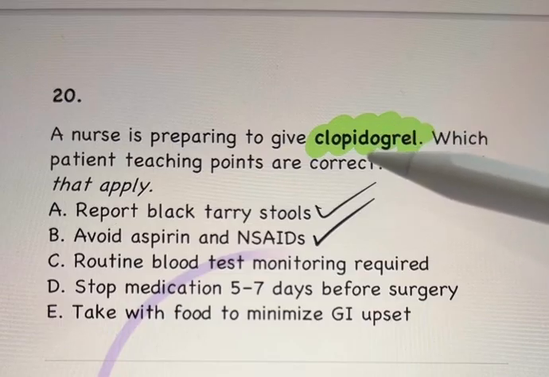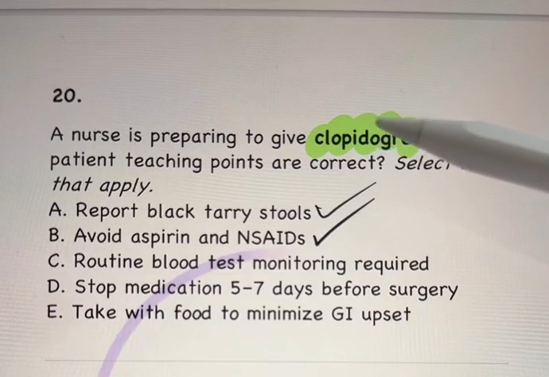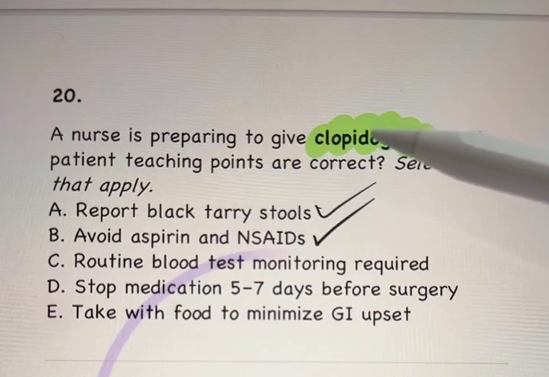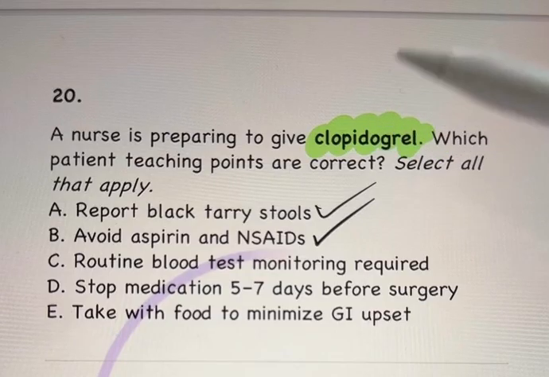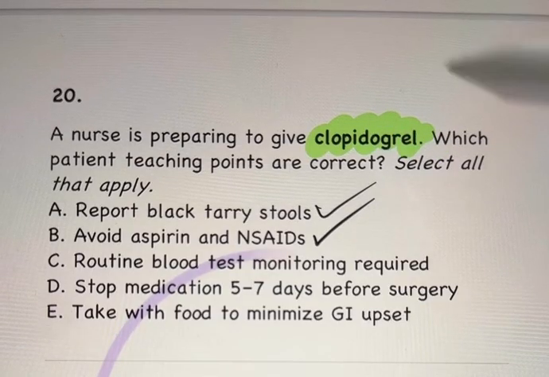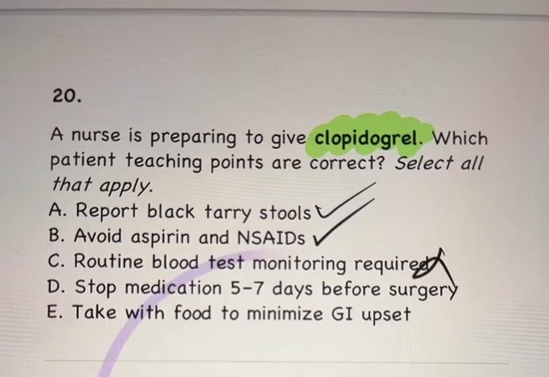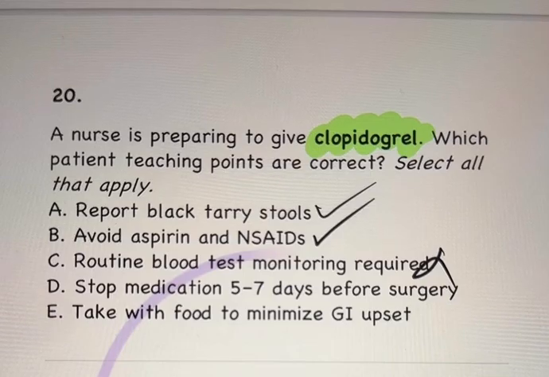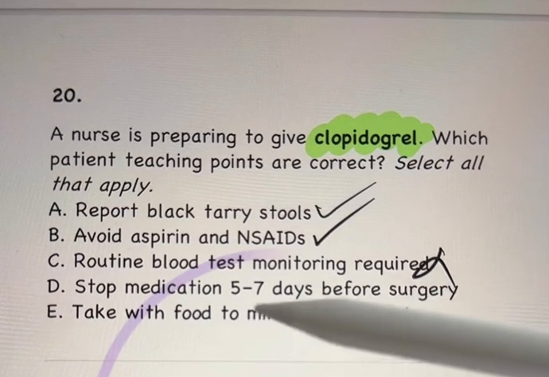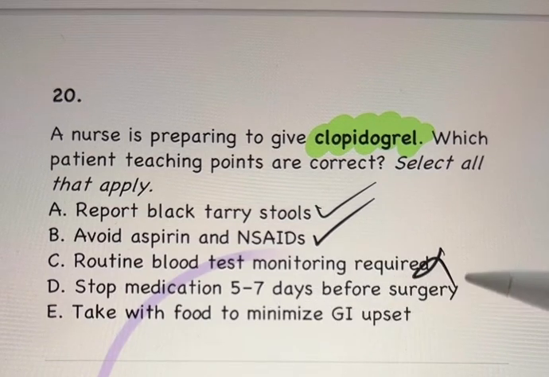Which medication needs routine tests? Warfarin and heparin. Yes, definitely. So we don't need one for this one. Stop medication 5 to 7 days before surgery.